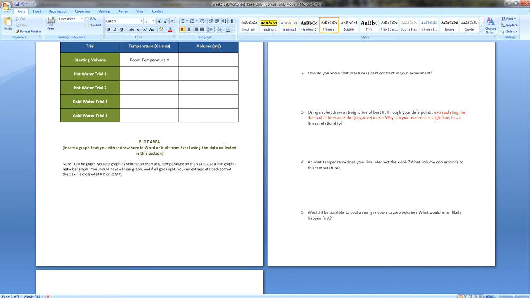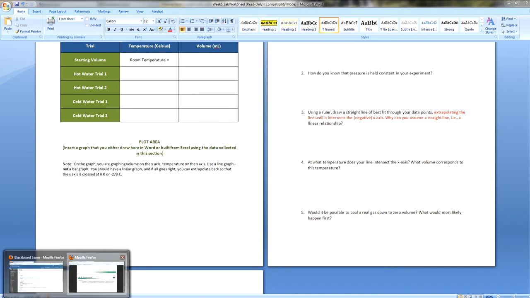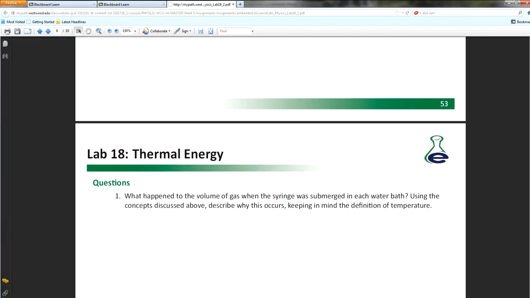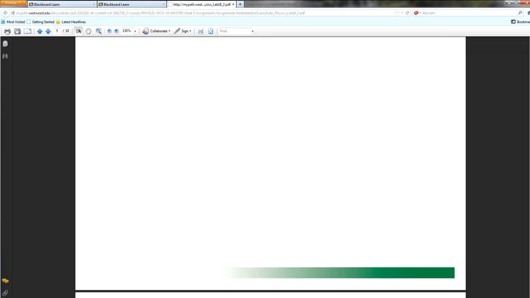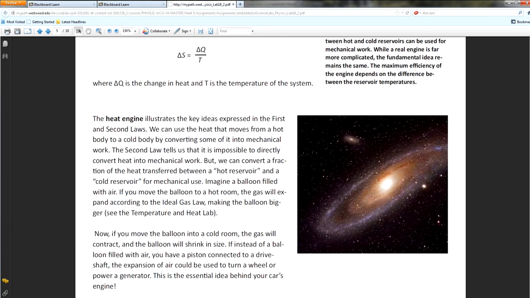And why can you assume a straight line? Like I said initially, we are dealing with Charles' law, and if you go back to this assignment page to read, you can get more also from your book.